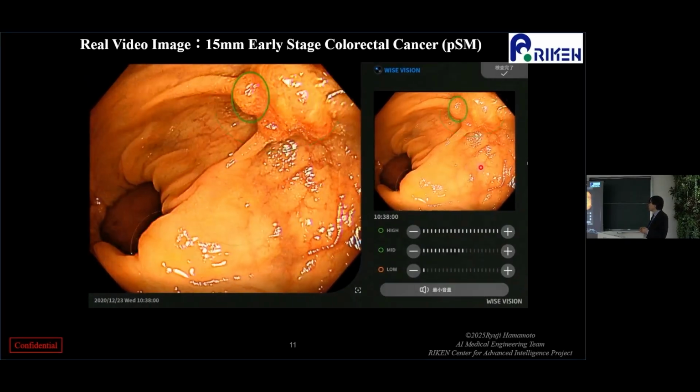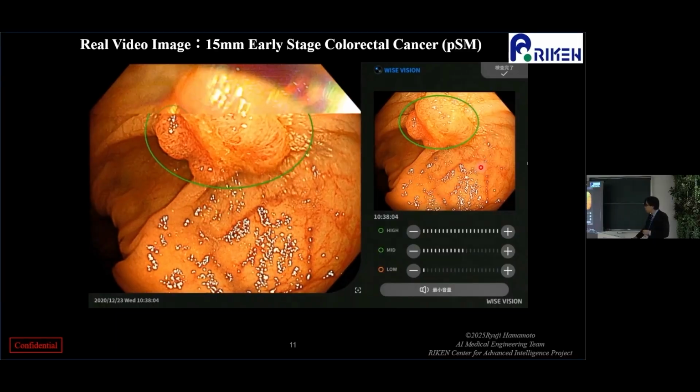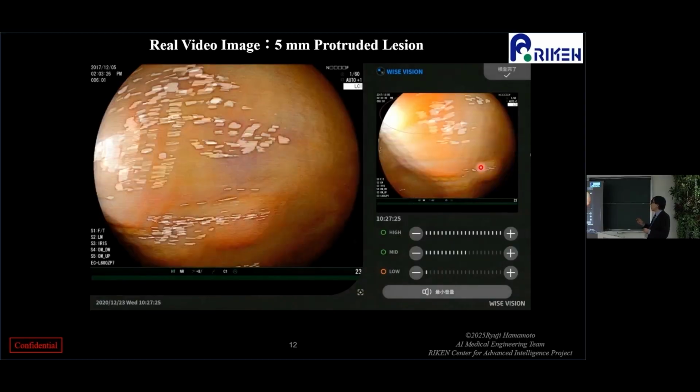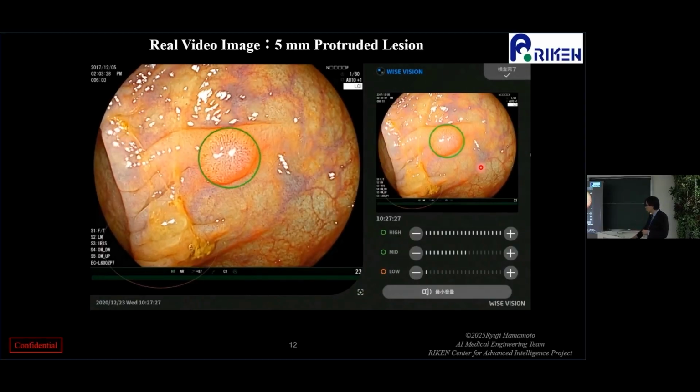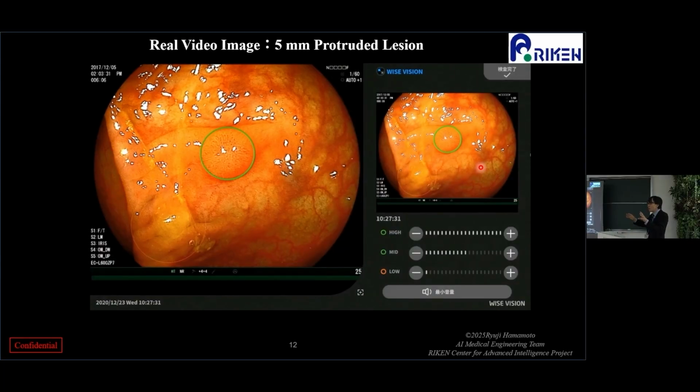Also, this is a 50 millimeter early stage colorectal cancer, the PSN. And this is a 5 millimeter protruded region. Sorry, maybe you don't have enough knowledge of medicine, but this is an important result.